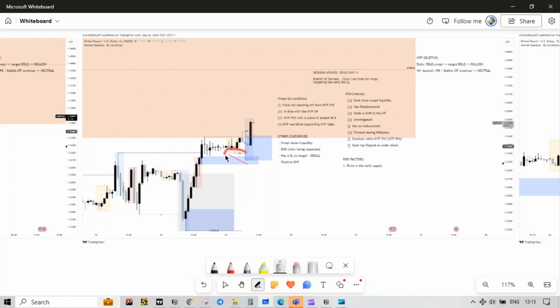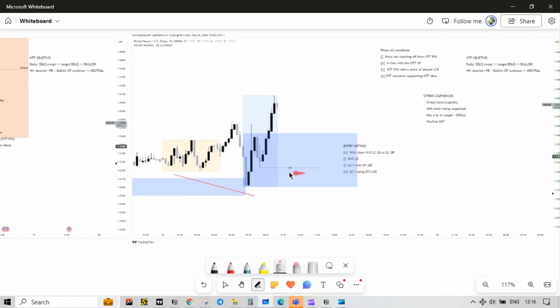It has swept the Asian low and the supply, so the demand zone is being respected, and there is a higher time frame structural liquidity that can be targeted. And one more thing is that it was having positive SMT with the XY. So confluences are adding up. It's a high probability long. So the only thing I need to have is a proper, clean, lower time frame model. That's it. Once I get that one, I can enter this trade without any hesitation.